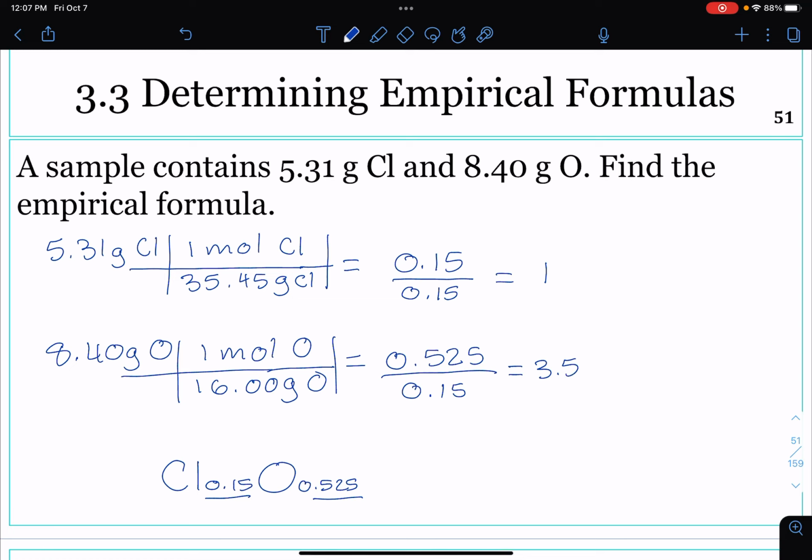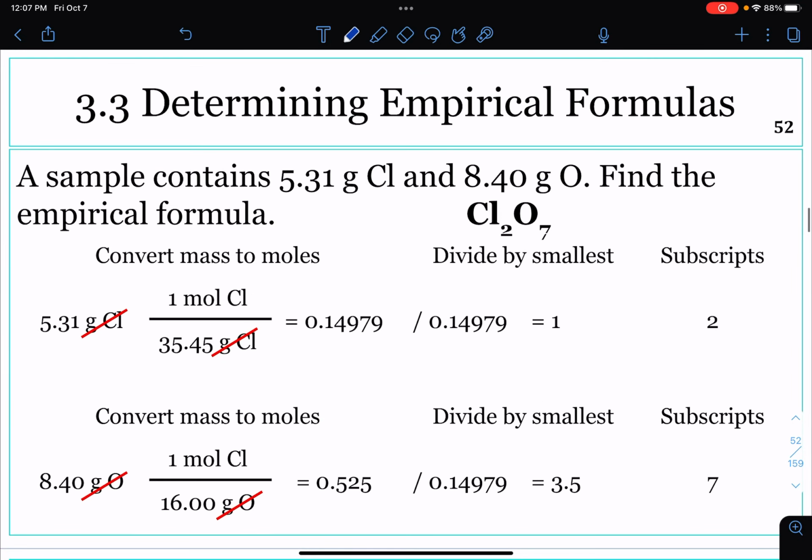So this is closer to whole numbers, but now let's just double both of them because a ratio of 1 to 3.5 is the same as a ratio of 2 to 7. So now we can see that our subscripts for the empirical formula is Cl2O7.